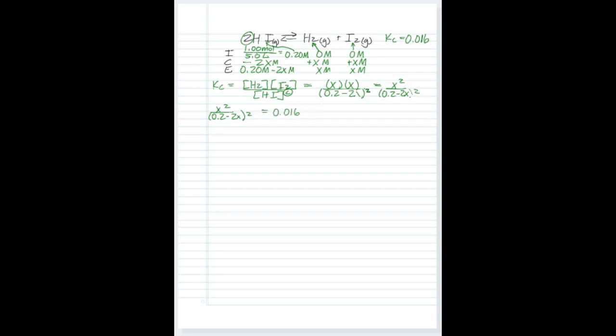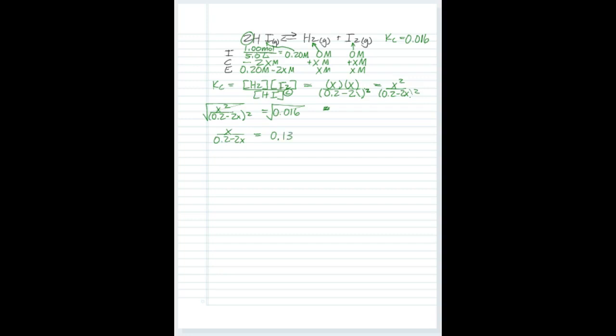0.016. So what we can do is take the square root of both sides of this, and let's just write it down here on the lower line. What that gives you is X over 0.2 minus 2X equals the square root of 0.016, which equals 0.13. Okay.